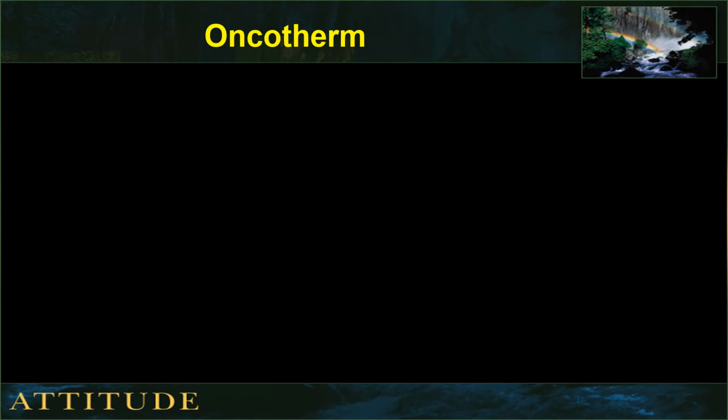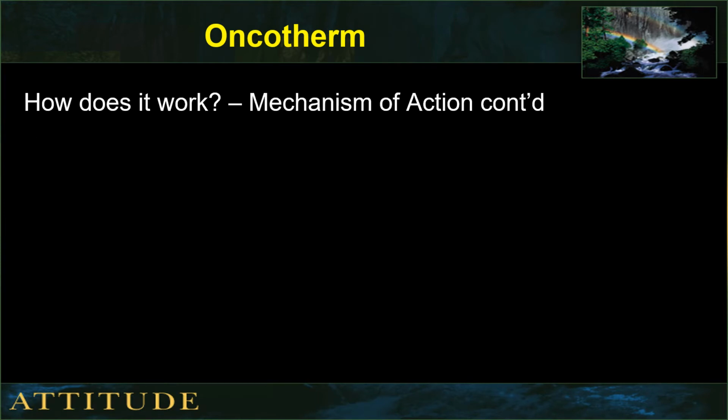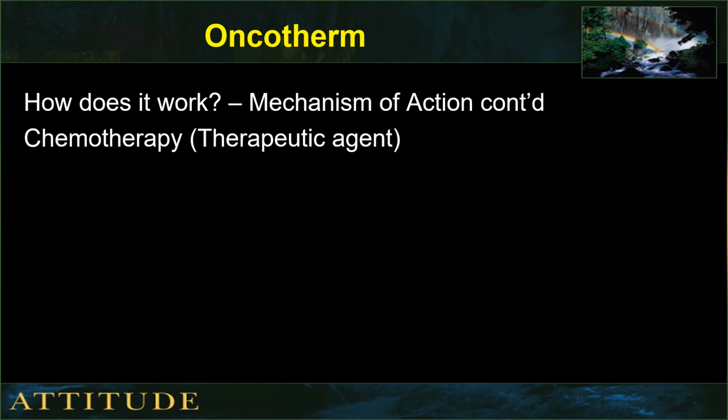So let's move on. The mechanism of action, how does it work specifically in regards to chemotherapy? We talked in the previous slide about the impact of Oncotherm on the tumor itself. It's causing the cell walls to become more porous, allowing the chemotherapeutic agent to seep in.